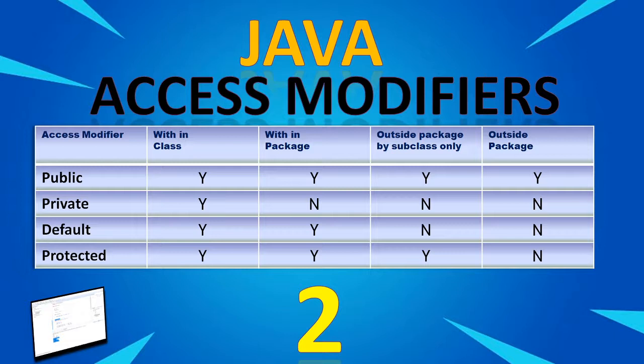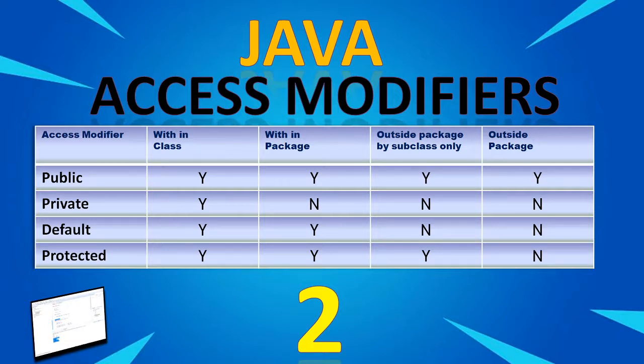Switching back to public, the third column, outside package by subclass only, which means you can access it in an outside class and outside package as well. Coming to private, private means it's protected, so you can access it only within a class. You cannot access it outside the package, nor within the package.